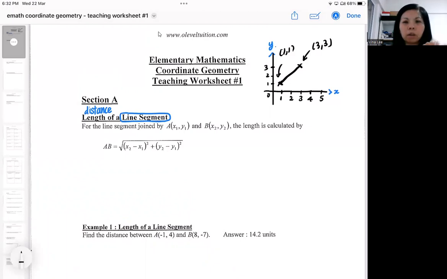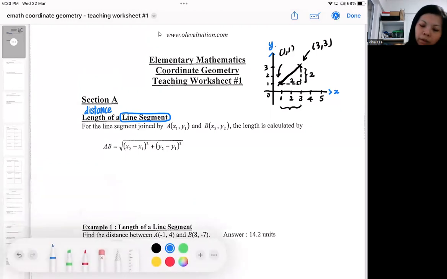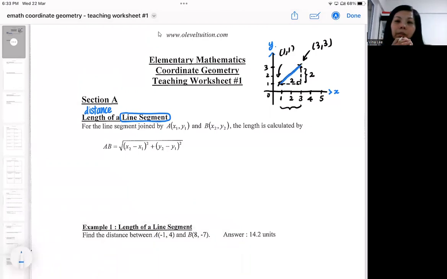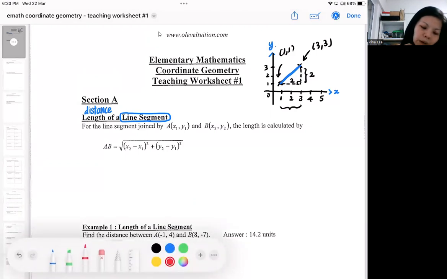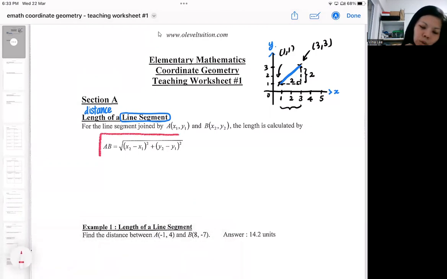If I have the coordinates, I can do a bit of Pythagoras theorem. This is 2 units, and this one is also 2 units. So I can do a Pythagoras theorem so that I can tell what the length is. That is exactly what the formula here is trying to do. The formula helps you to calculate the length by doing a Pythagoras theorem.